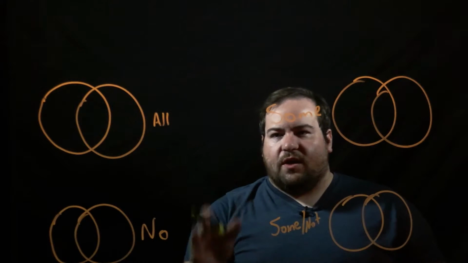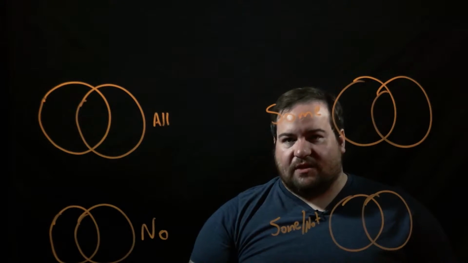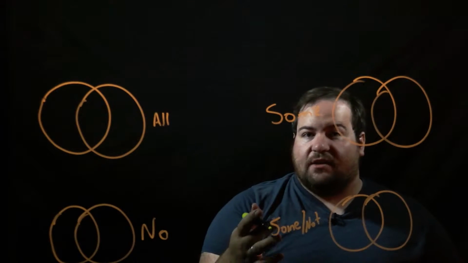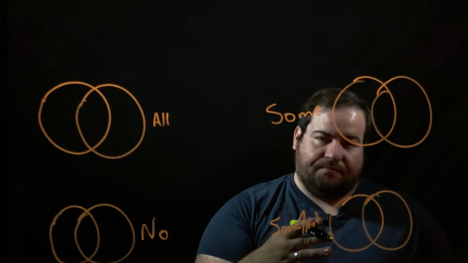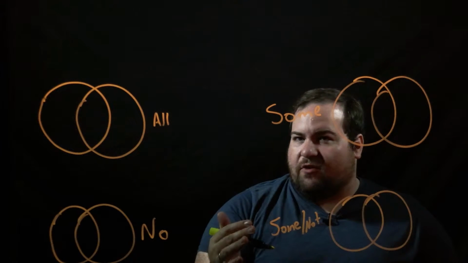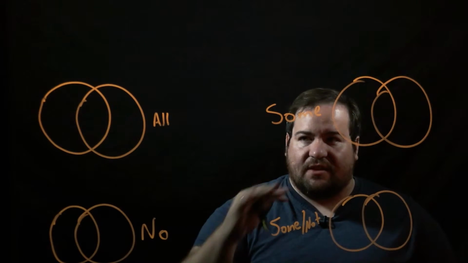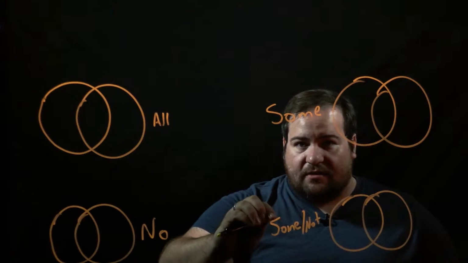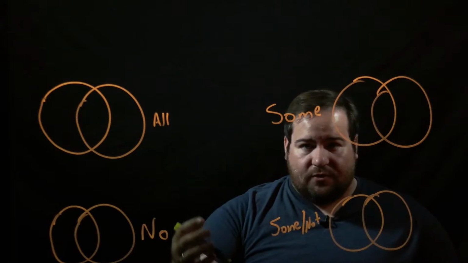Now, with these 4 kinds of statements, we have 4 different areas we have to either shade or put an X next to. Now, you shade an area that is empty, and that means that there is no part of that area that is representative of either of the terms.